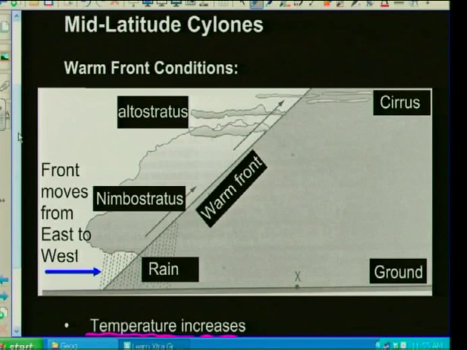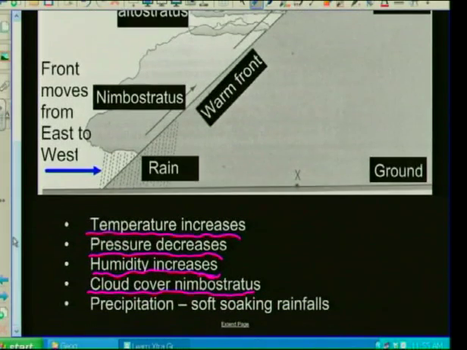Precipitation. Let me just refer you to the nimbostratus. You notice it's not very small, but not as huge as the cumulonimbus clouds. All right? Precipitation, soft soaking rainfalls. All right? Not this heavy rainfall, but soft soaking rainfalls.